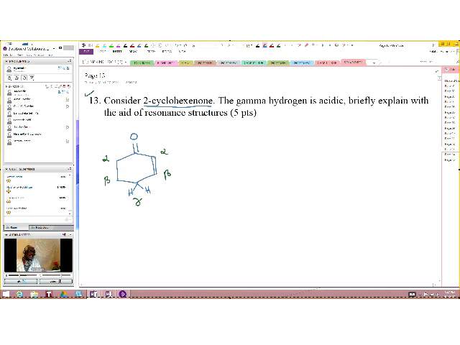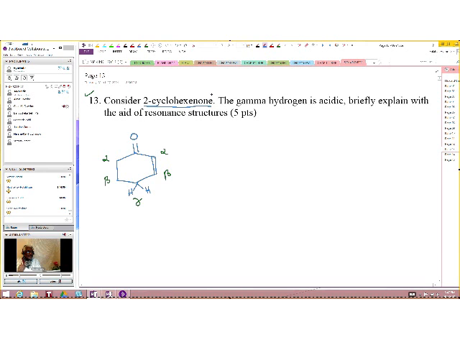Now they say, how do we explain that? Does anybody have an idea how to do this? But before you attack this problem, whenever you have a problem like this, to explain why a proton, a hydrogen, is acidic, what you need to consider is the conjugate base.